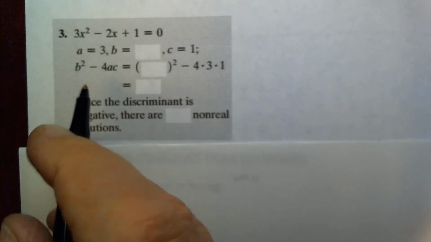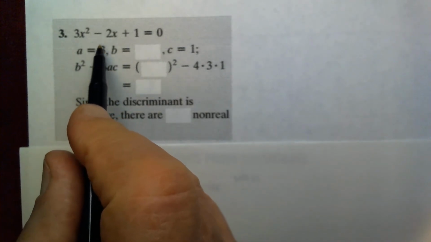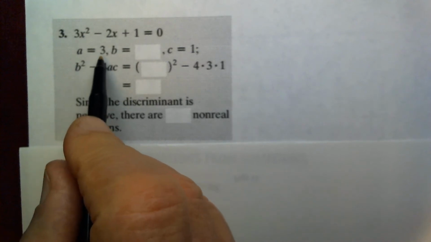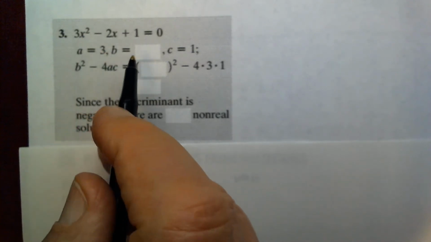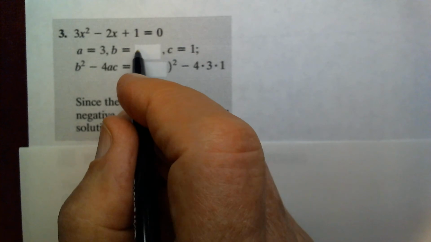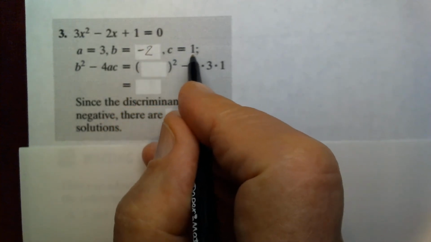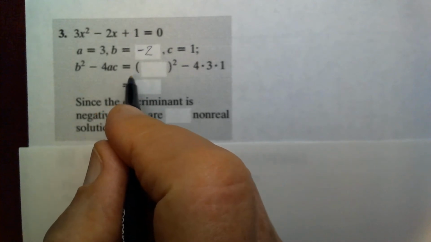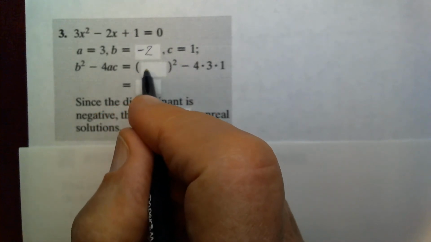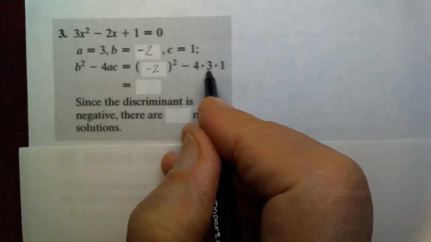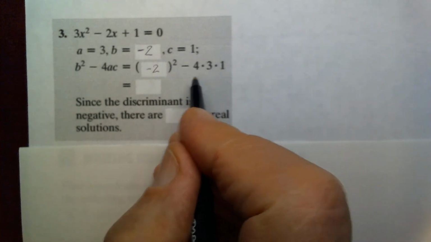In example number 3, we have 3x squared minus 2x plus 1 equals 0. So a equals 3, the coefficient of x squared. b is equal to negative 2, and c is equal to 1. Then b squared would be minus 2 squared minus 4 times 3 times 1.